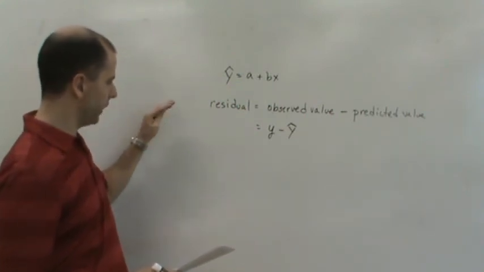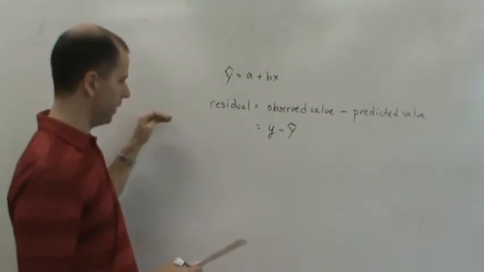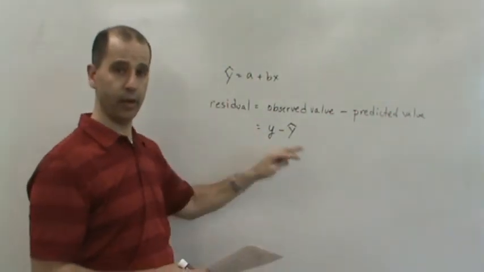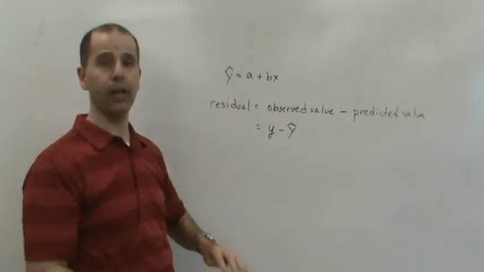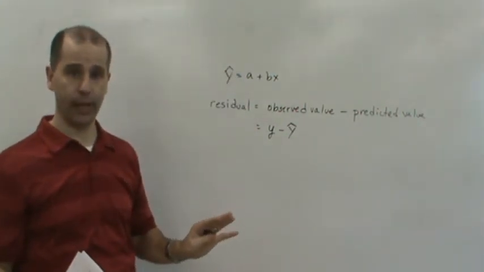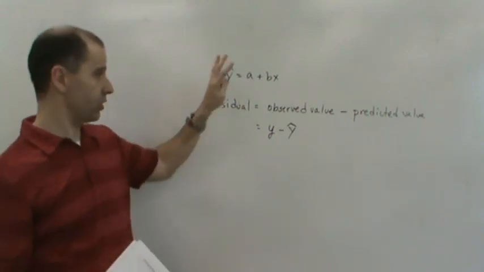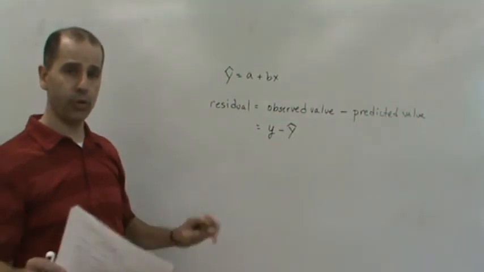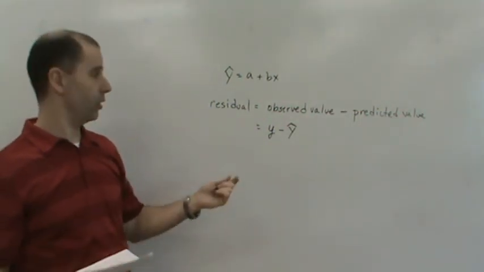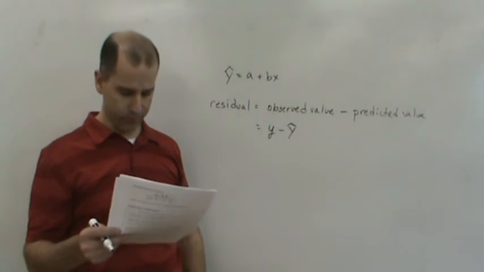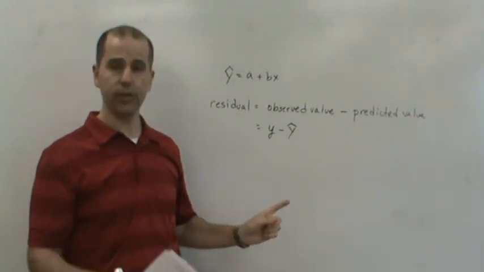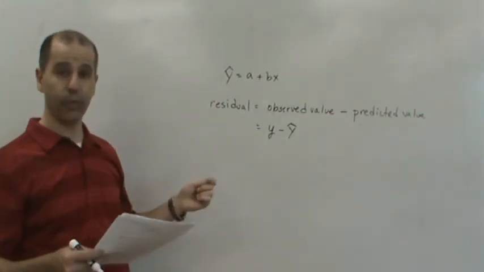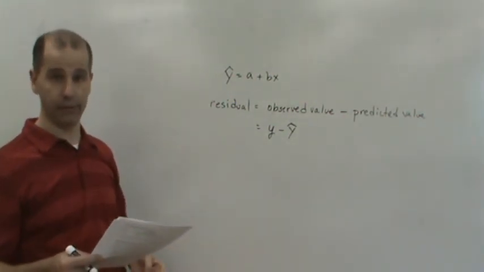You shouldn't see any discernible patterns: nothing trending up, nothing trending down, nothing fanning out or fanning in. If it just looks like a cloud of dots with no pattern, then we're going to say that the errors are mutually independent. That's what we assume, that the errors are independent of each other.